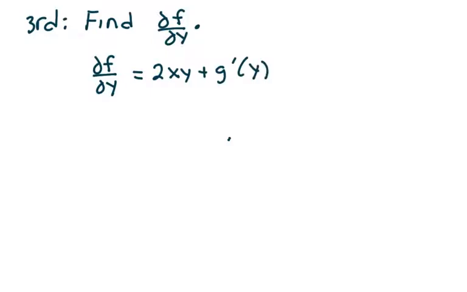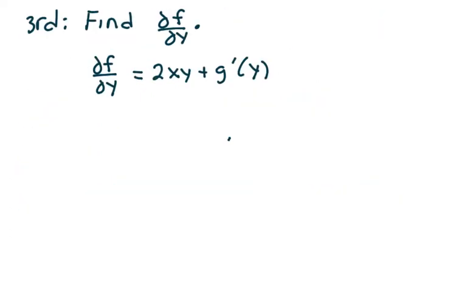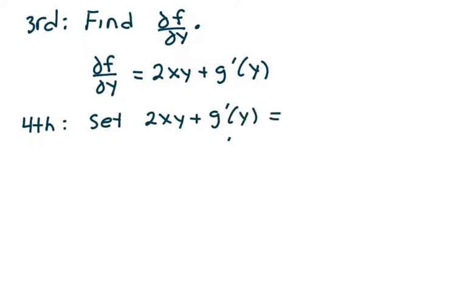Now, let's go back. I'm going to use the second component to get a handle on g prime of y. So on the fourth step, I'm going to set 2xy plus g prime of y equal to 2xy.